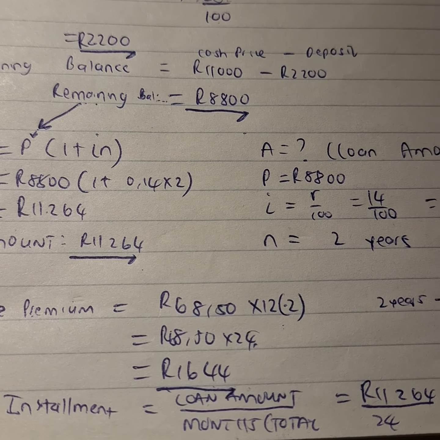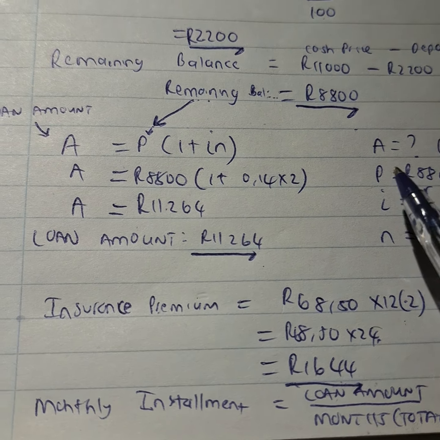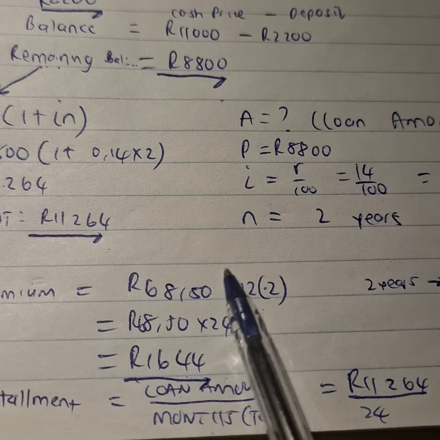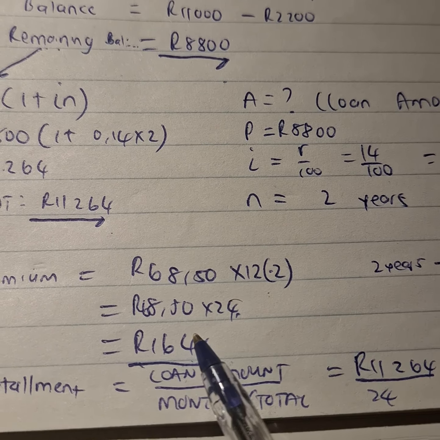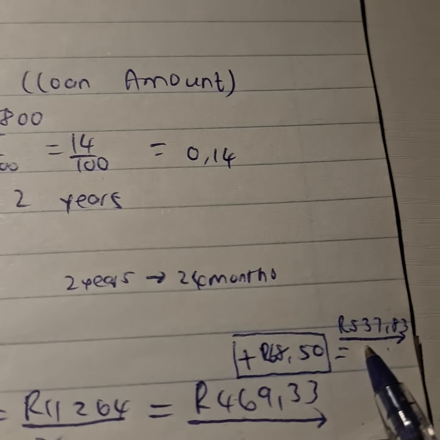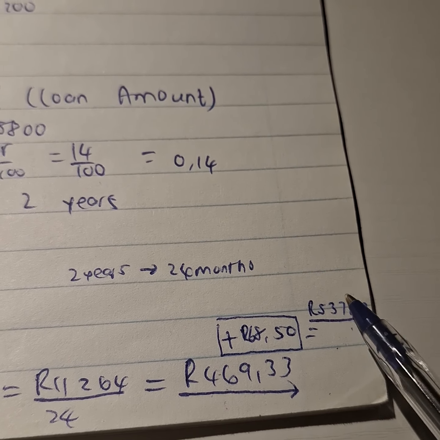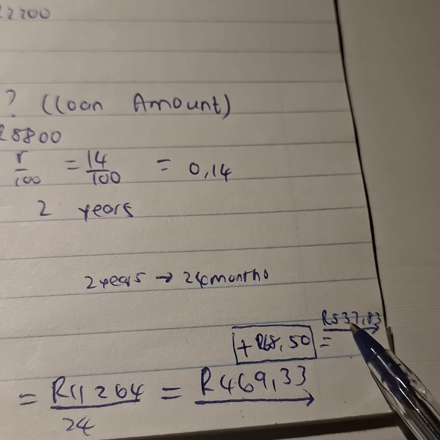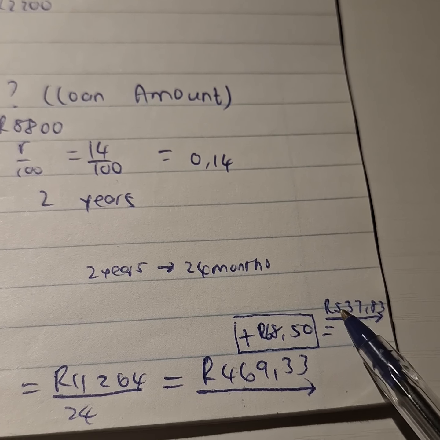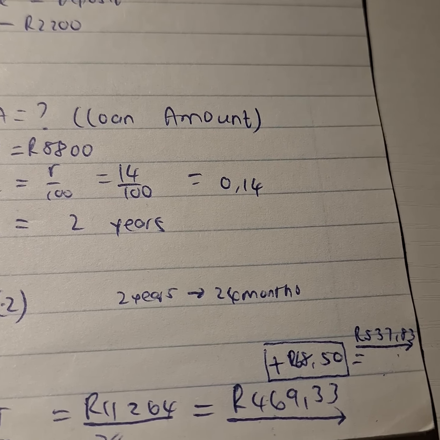The item will remain as an item that belongs to the store for the duration of the 2 years that you are still repaying the loan, with the 537 rand 83 cents that you'll be paying every single month. But ultimately, after you are done with the 2 years, we can officially say that the item is yours.